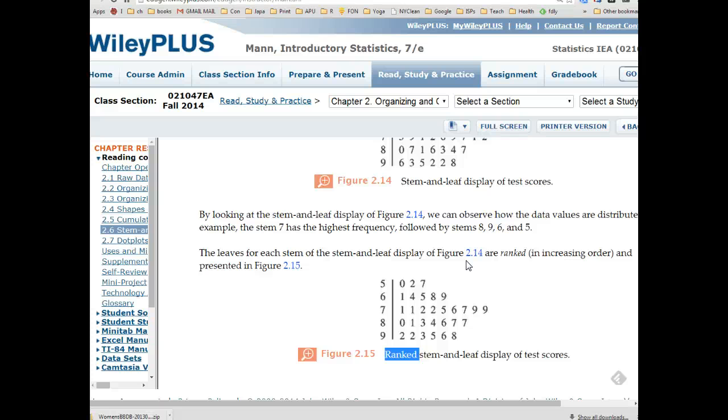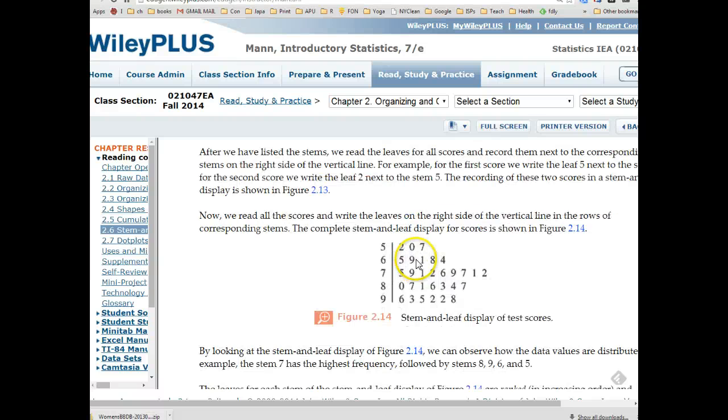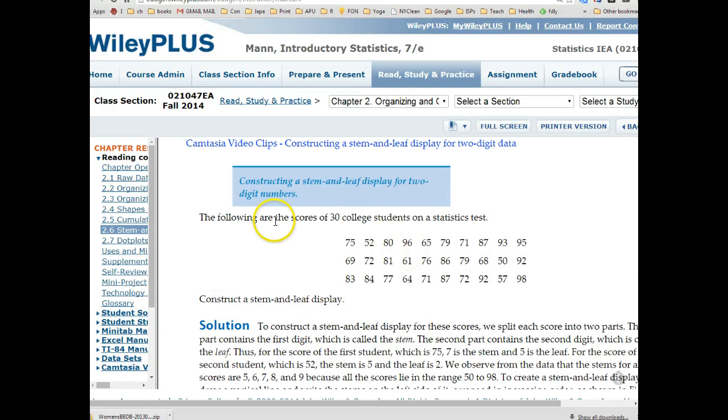And you can even give me a quick estimate of the average. By the way, what is this data? Here, what does this say? Scores for what? Statistics tests, right? So now if you just look at this, you can't really give me an estimate of the average score, right?